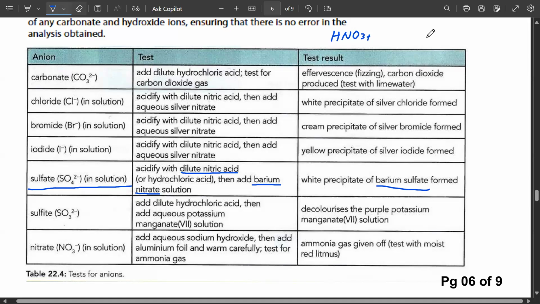Now, when this reaction occurs, barium will react with the sulfate and nitrate will be freed. It will be removed from the barium compound. So that will become barium sulfate.